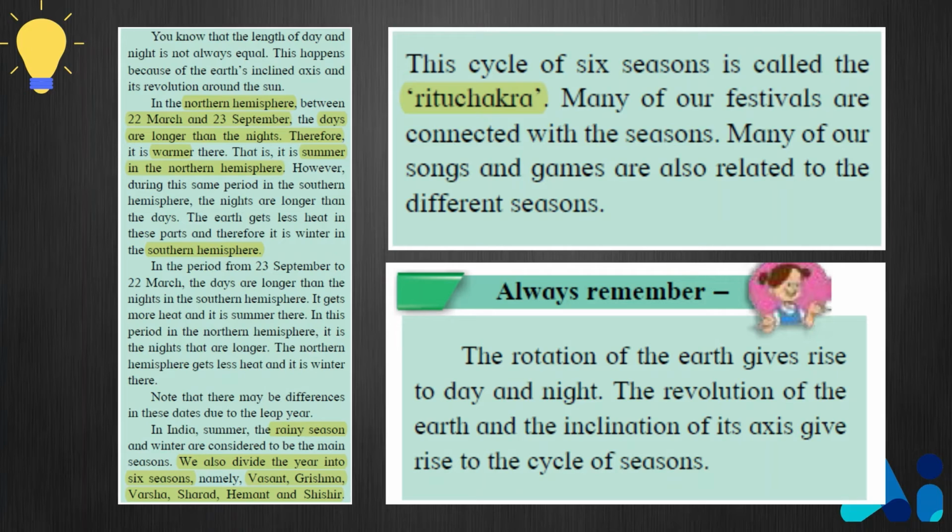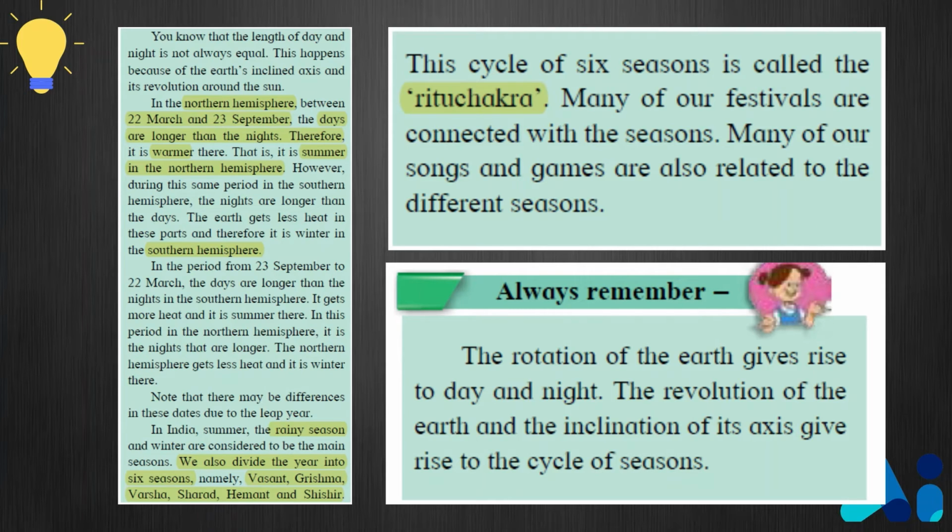The 6 seasons are Vasant, Grishma, Varsha, Sharad, Hemant, and Shishir. We can divide the entire year into these 6 seasons, and not just the 3: rainy season, summer season, and winter season.